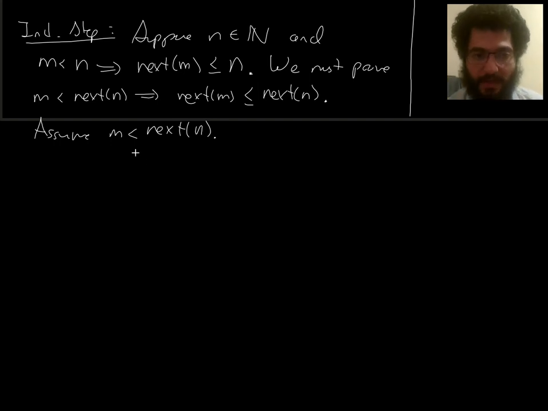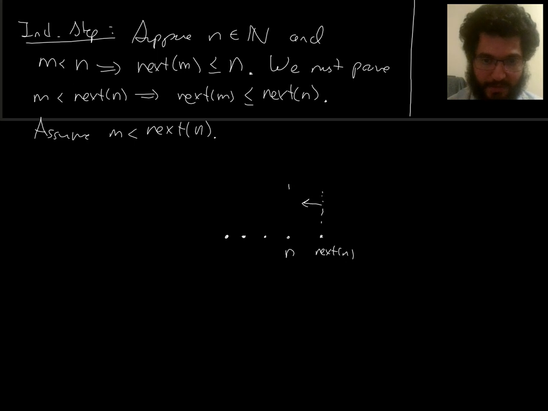Well, not necessarily. I have that m is less than next n. So if I imagine putting dots in succession for natural numbers, maybe n is here, next n is the next dot, right? And then what I know about m is that it's strictly to the left of here. M is somewhere over here. Not there, somewhere over to the left. And there's a bunch of stuff here, and somewhere there's the dot labeled 0.